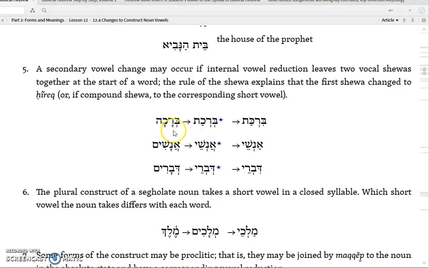But then step two, you have an open syllable kamatz. Well, that has to reduce to shava. So the hypothetical form with a star by it, because that means it doesn't actually occur in the real world, you have two shavas in a row, but then to resolve that, the first one must become a hirik. So the word blessing, berakah, in construct ultimately reduces down to berakat.